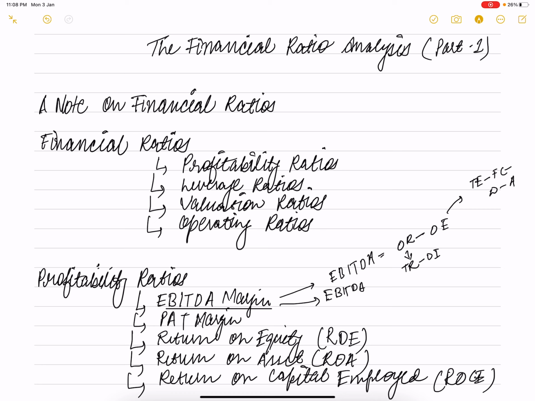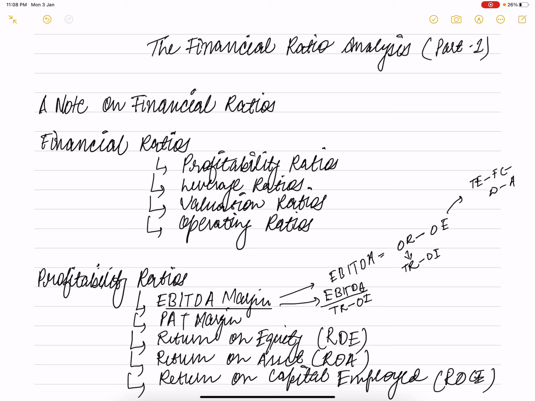This is EBIT, and we divide it by total revenue minus other income. Continuing the example of Amara Raja Battery Limited, the EBIT margin calculation for the year 2014 is as follows.